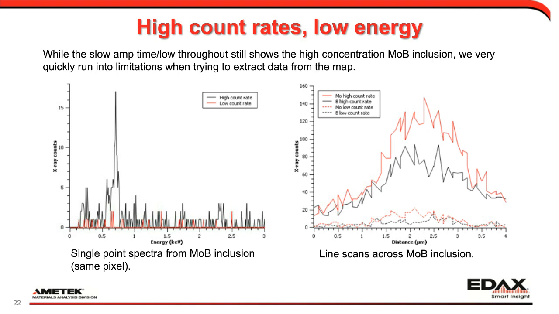The first curve here on the left, I took the high count rate map, the one at 0.48 microseconds at 25 dead time, and compared it to the low count rate, the one at 7.68. And I extracted a spectrum from the same pixel in this moly boride inclusion. And you can see at the low count rates, I have about 2 counts at iron, whereas I have about 17 counts in the high count rate.